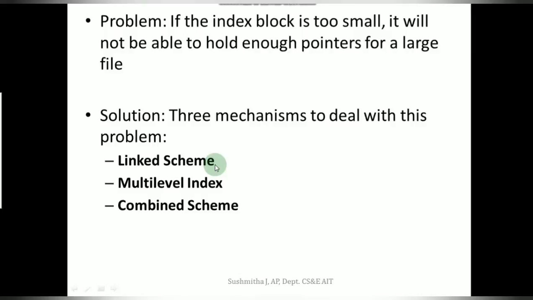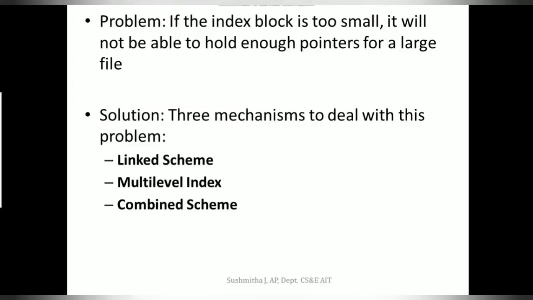For example, if an index block might have some 100 disk block addresses, the next address, that is the 101st address, would be a link to the next index block. So here we use multiple index blocks to have the pointers to the file.